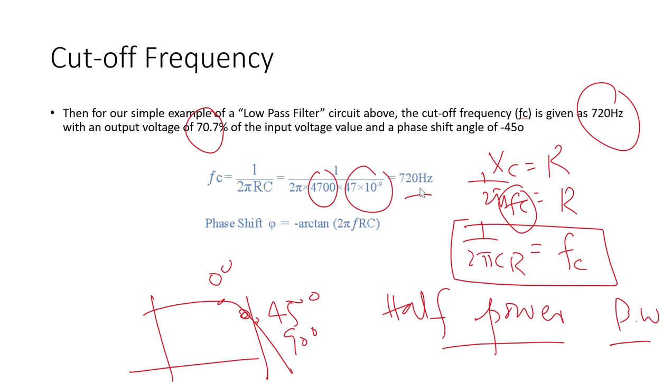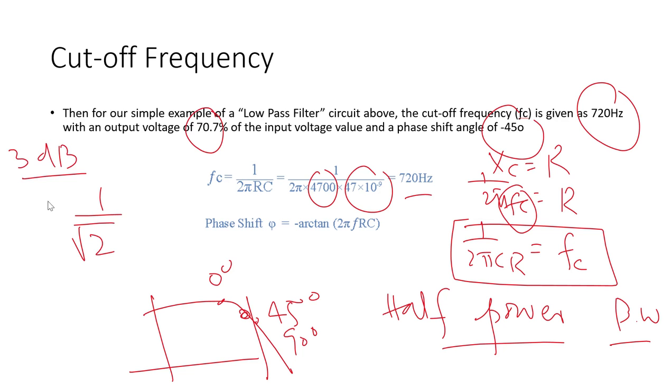So at 720 we will get a 45 degree phase, and we will have half the power, 70.7% voltage. 70.7% is actually 1 over under root 2, and 1 over under root 2 on a logarithmic scale is 3 dB.